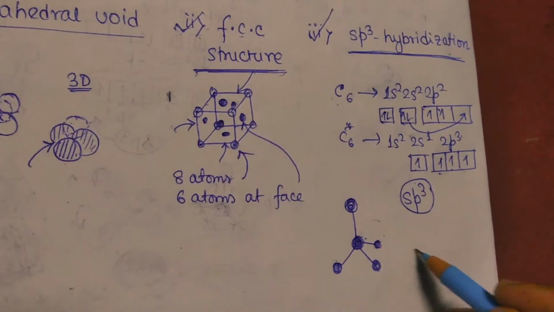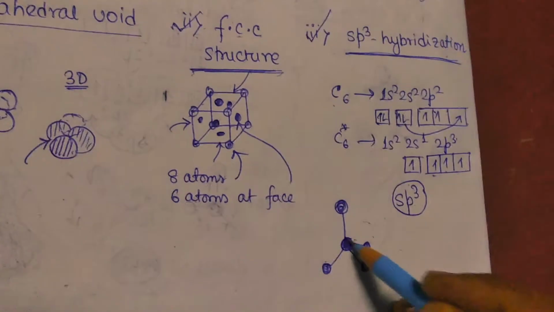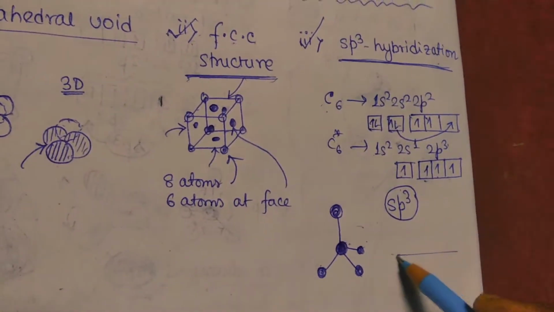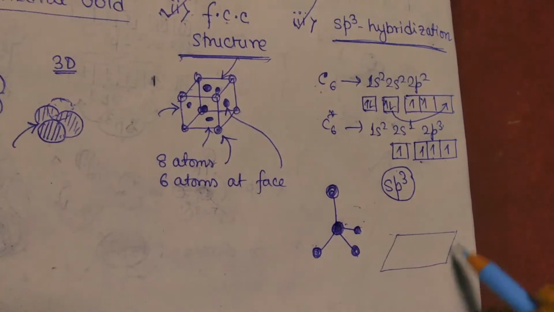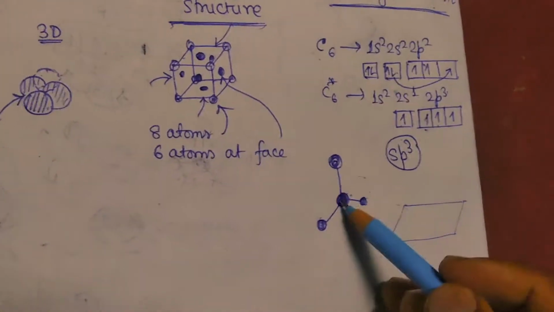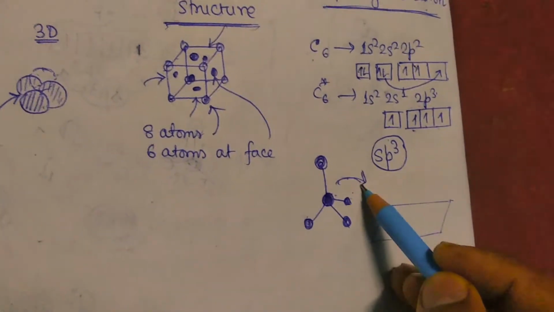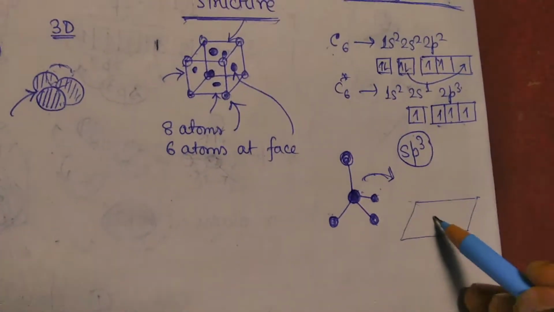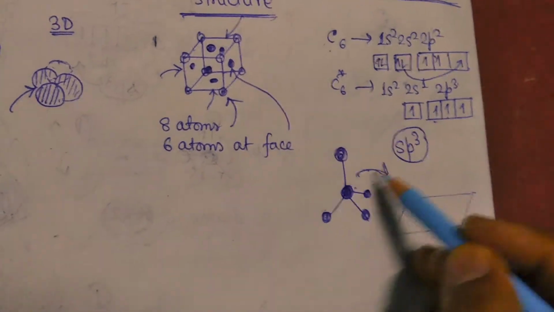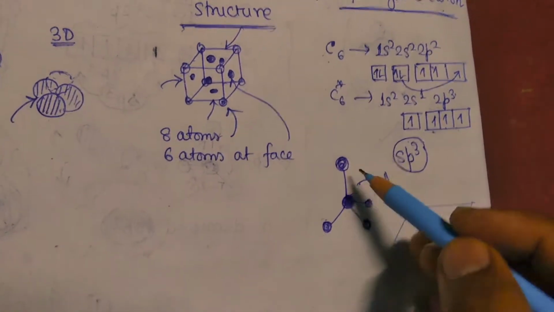If we consider this sp3 structure in a plane, I will explain it better. This atom is tilted in this structure.